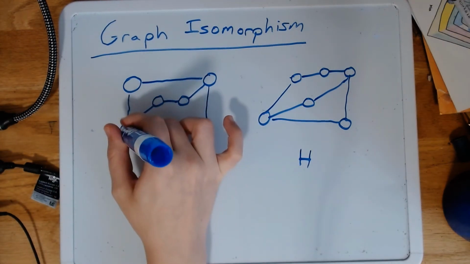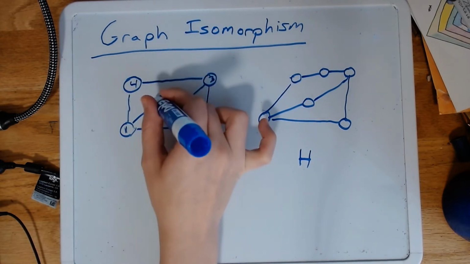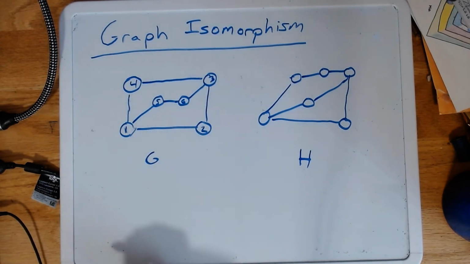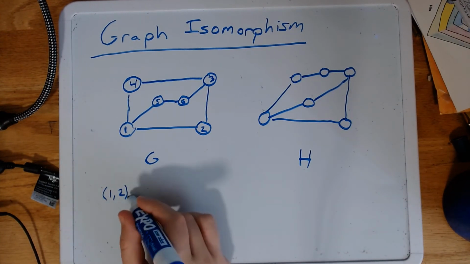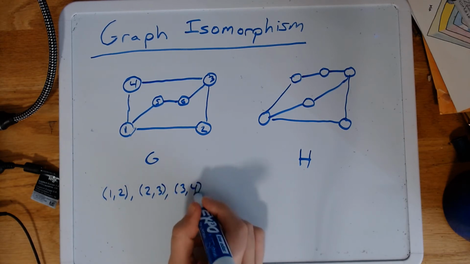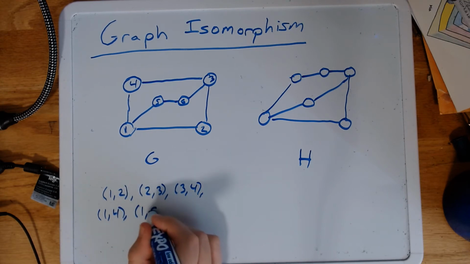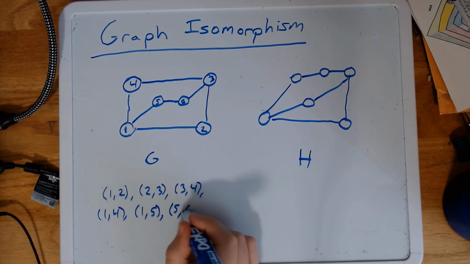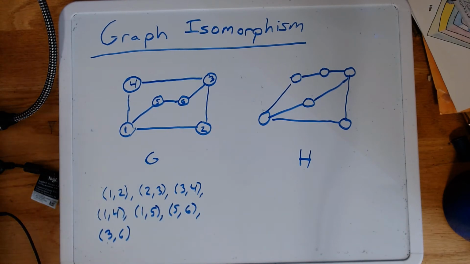I'll call these 1, 2, 3, 4, 5, 6. So what are the edges here? We have an edge from 1 to 2, from 2 to 3, from 3 to 4, from 1 to 4, from 1 to 5, between 5 and 6, and between 3 and 6. Okay, 7 edges.